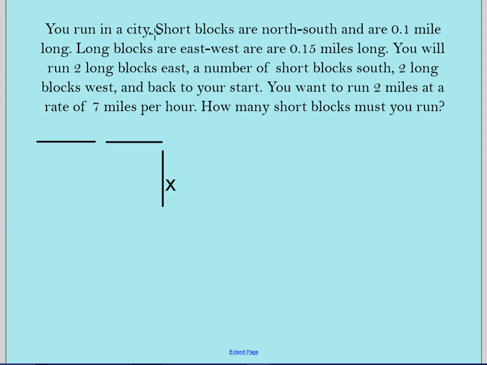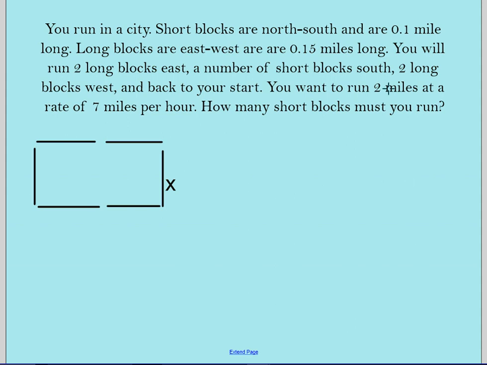And then we're going to run 2 blocks west, so I'm going to go back 1, 2, and then back to my start. So again, some unknown number of blocks back to my start.